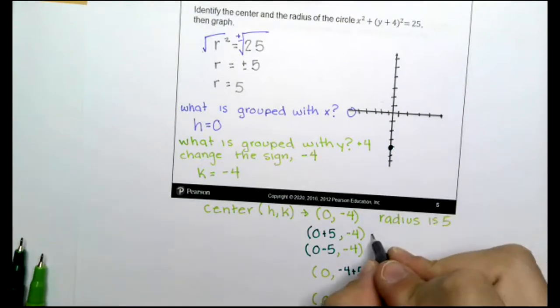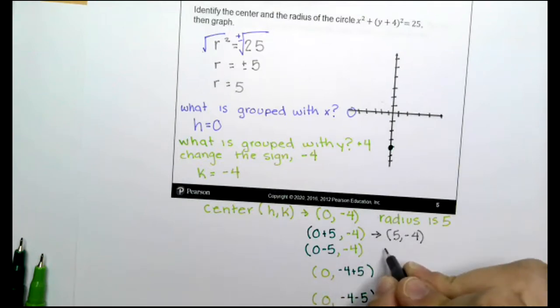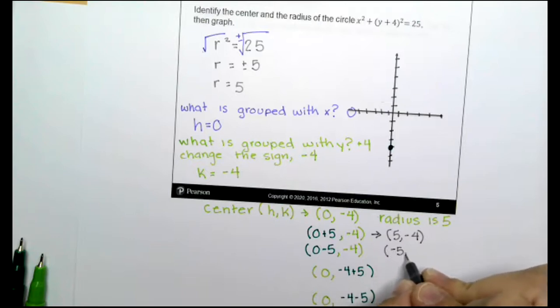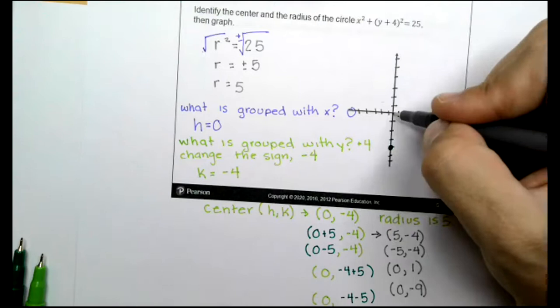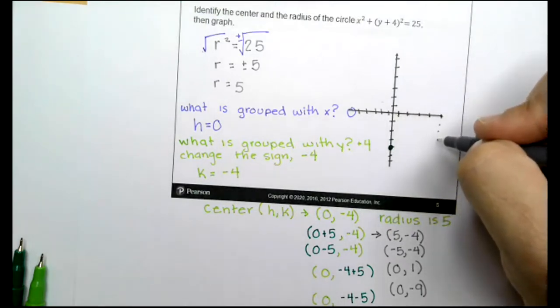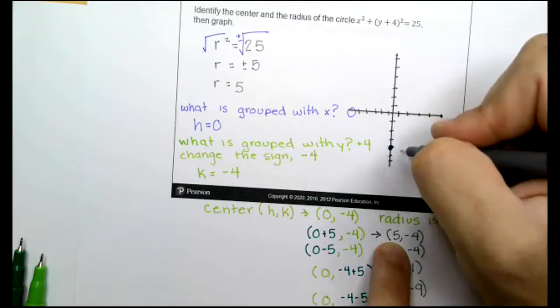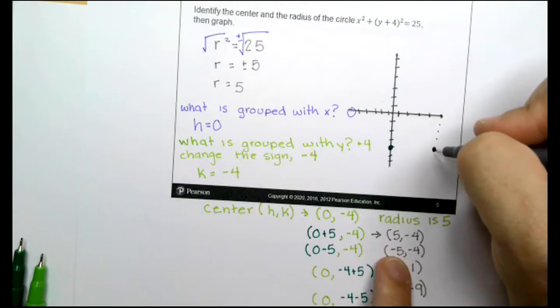So that becomes 5, negative 4, negative 5, negative 4, 0, 1, 0, negative 9. Let's find those points. So we have 5 on x, negative 4. So you can do it this way, or you can just count out 5 in that direction, okay?